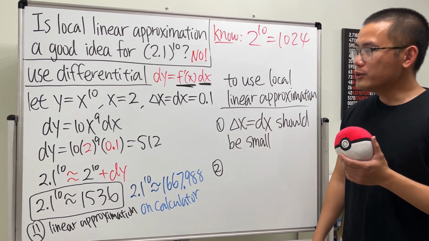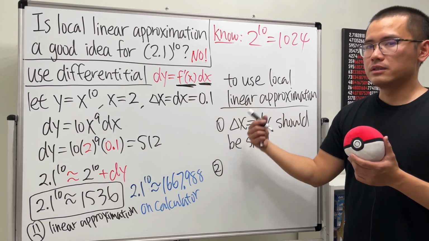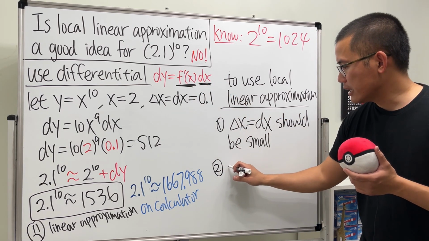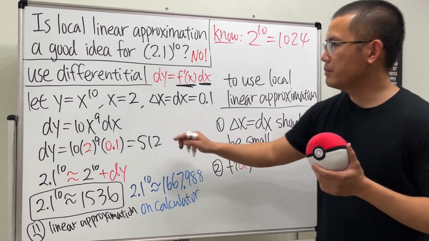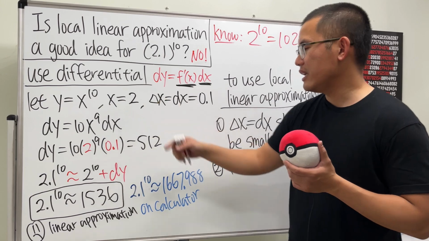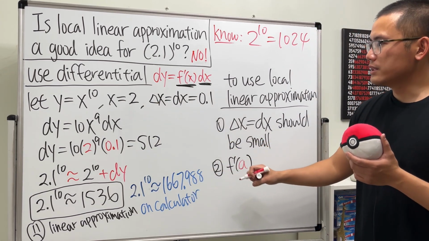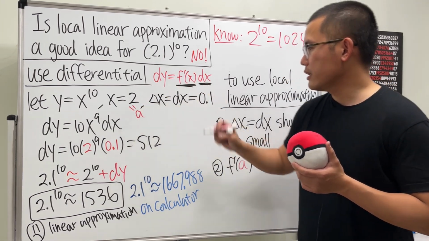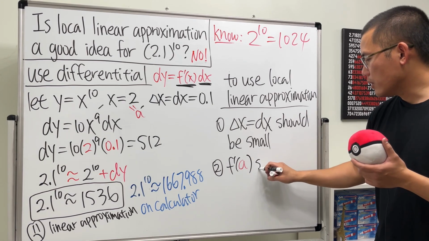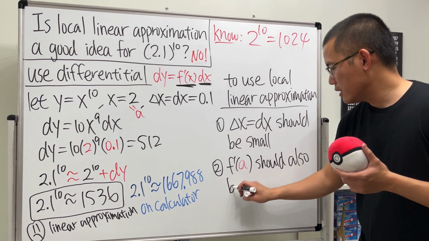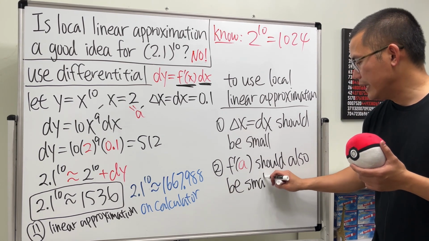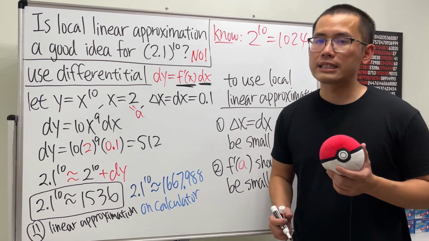Secondly, we also have to make sure that the derivative is small. So I'll say that f prime, especially at that a value, because usually we have that as the a value. So we say this right here is the a value. f prime should also be small in order for us to have a good approximation.